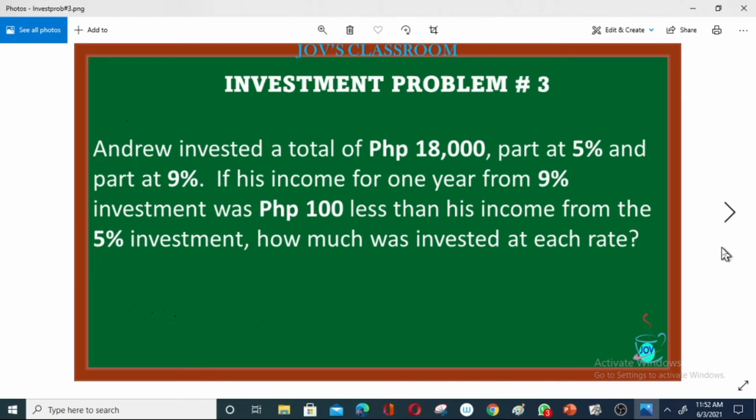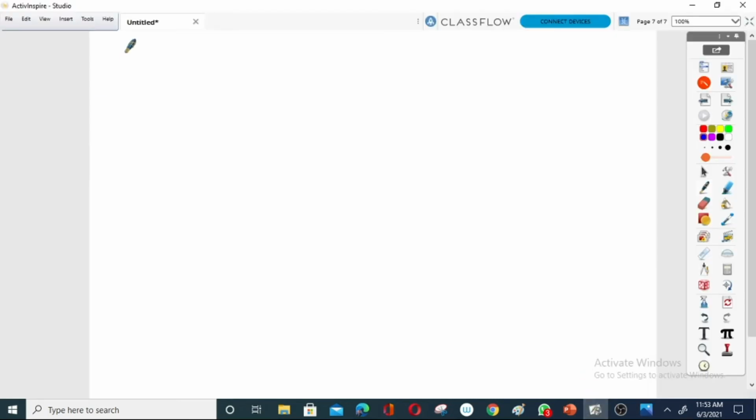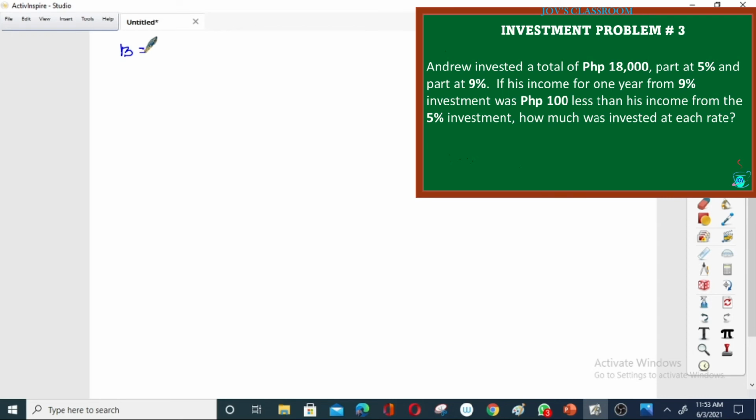Okay, so it's a little bit different from the previous 2 questions. But the given is still the total investment, 18,000 pesos.